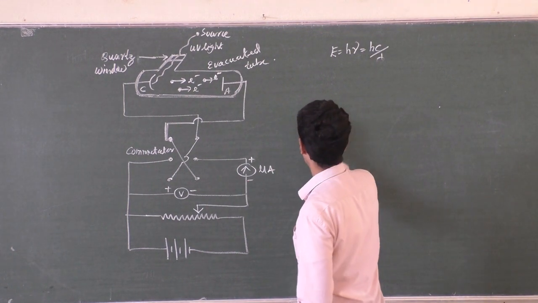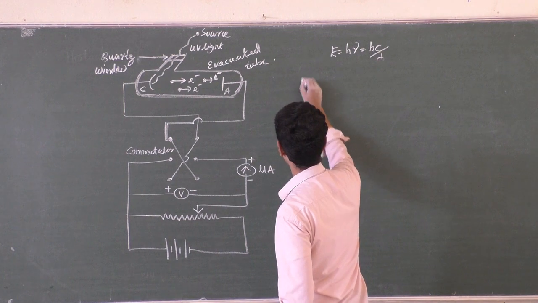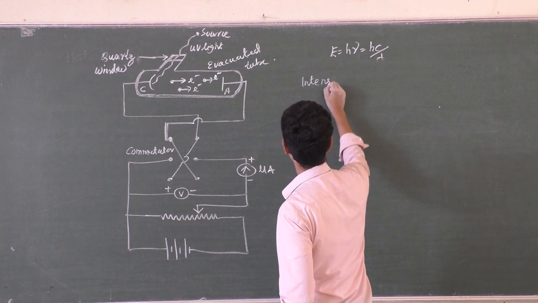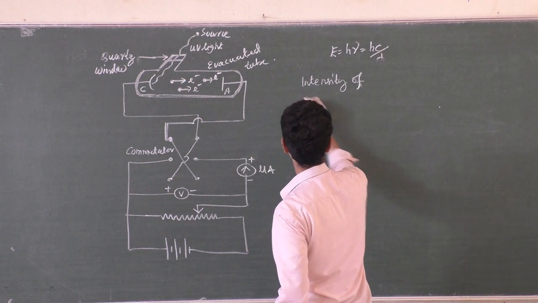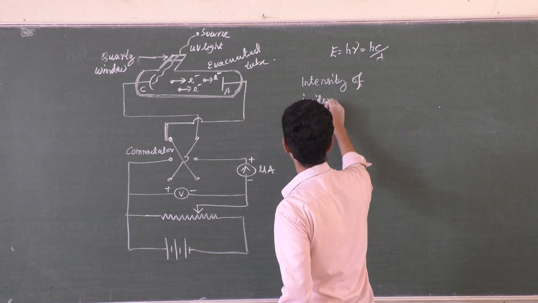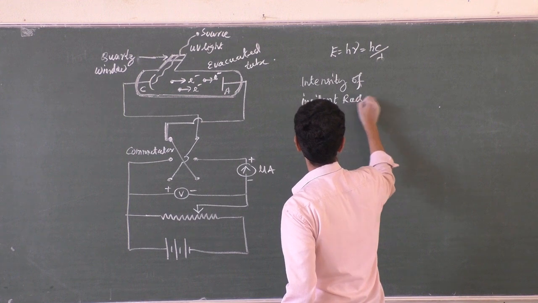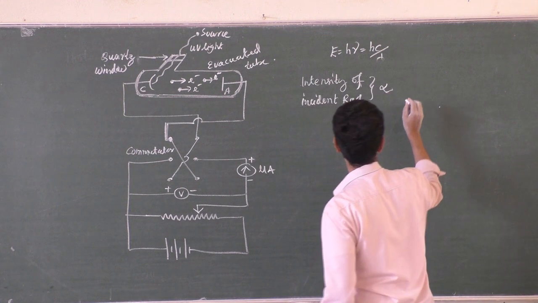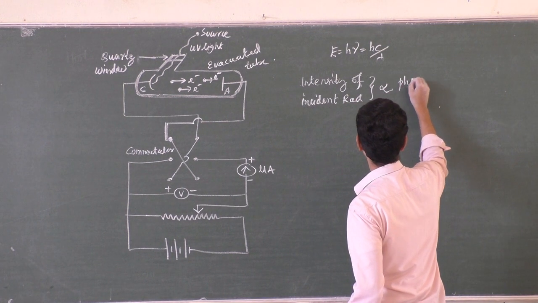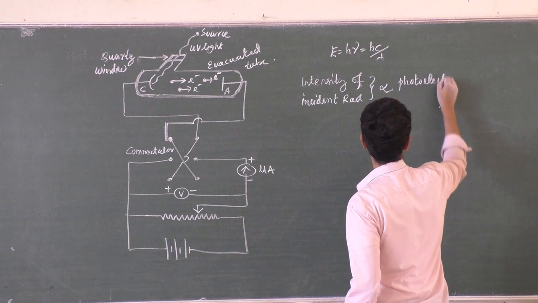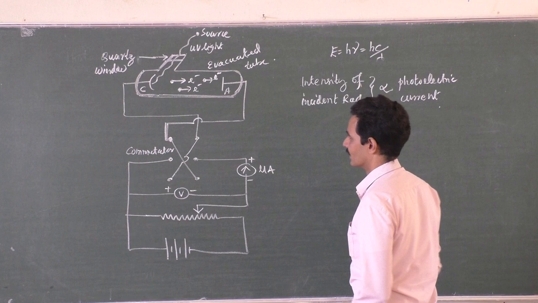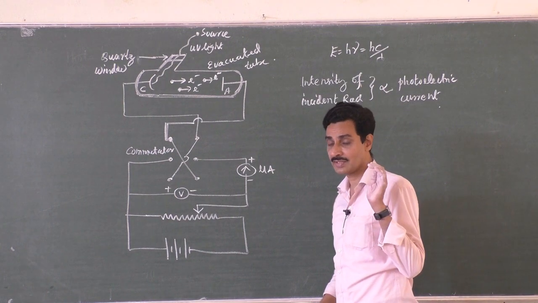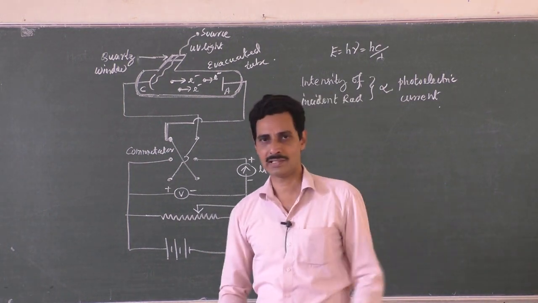So the intensity of incident radiation is directly proportional to photoelectric current. This is one conclusion they drew, and it has not changed the kinetic energy of the moving particles.